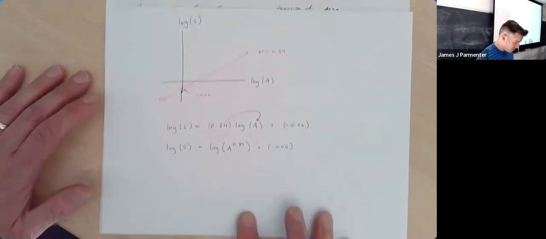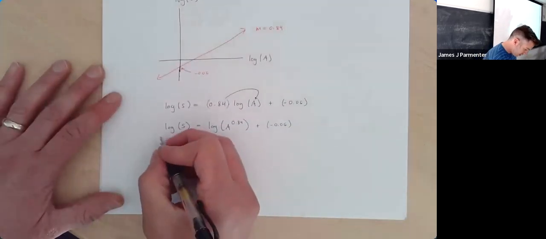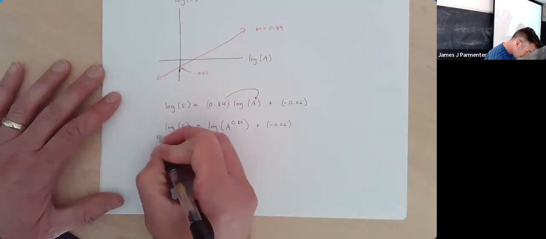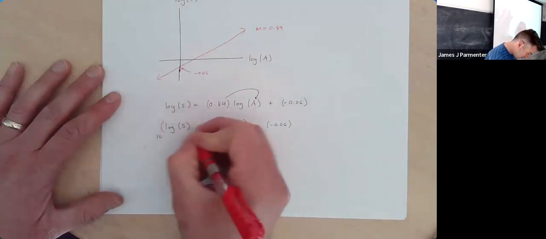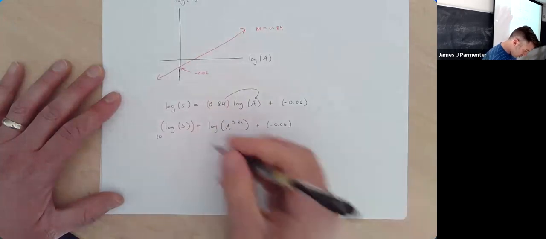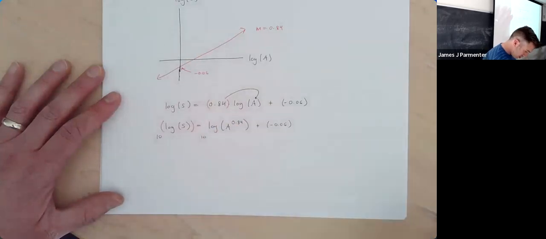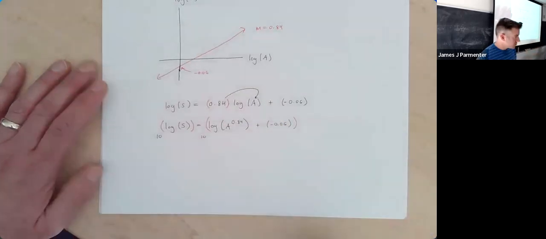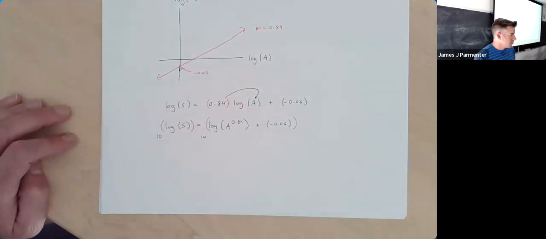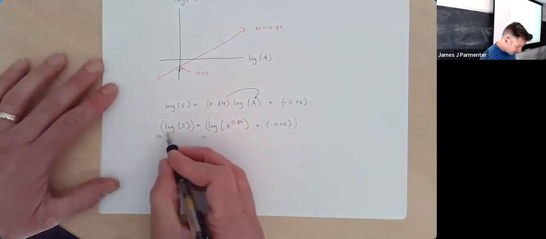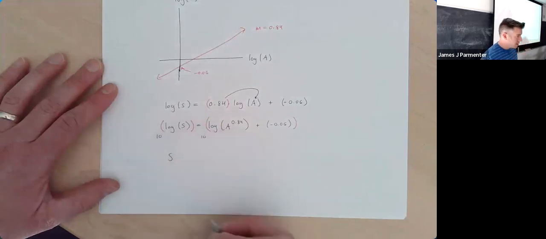And now we can write both sides as powers of 10. So I can write this as really 10 to the all of that equal to 10 to all of that. 10 to the log of S is just S.